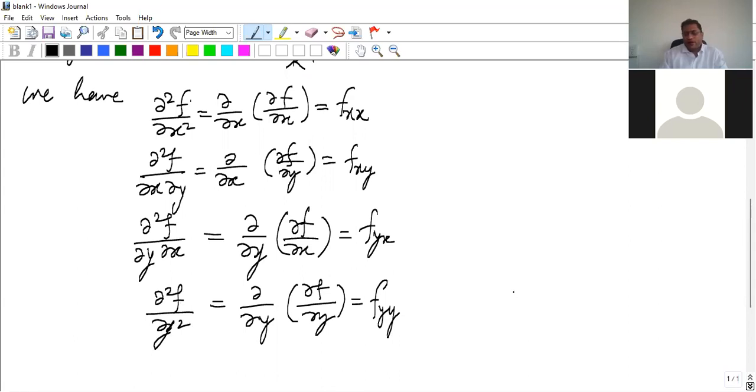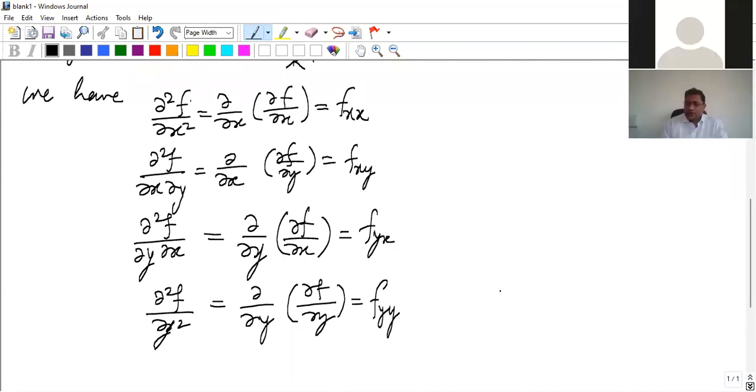This way we are able to get the second order partial derivatives.